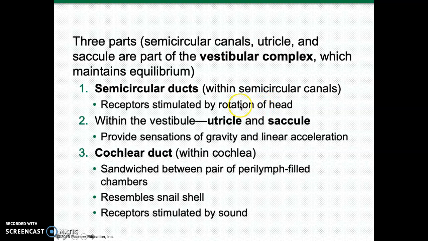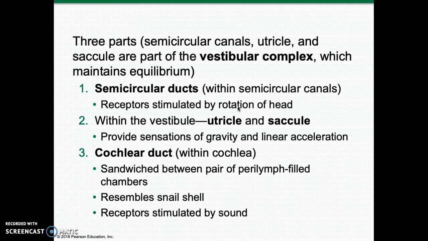So the semicircular ducts, which is the membrane within the semicircular canals, have receptors that are stimulated by rotation of the head. And in the vestibule, the utricle and saccule, that is where gravity and linear acceleration are sensed.